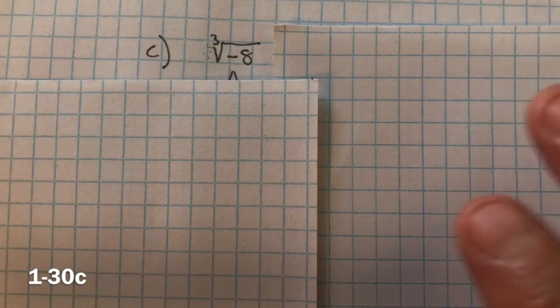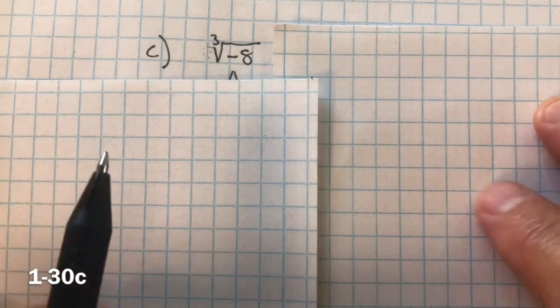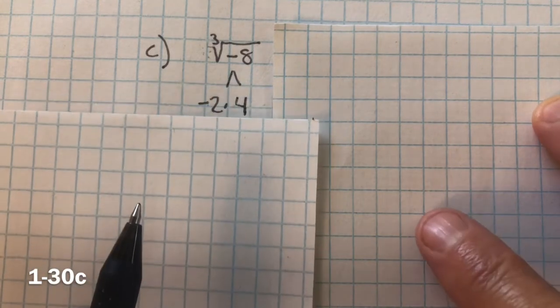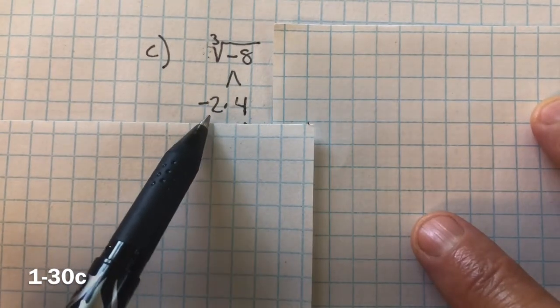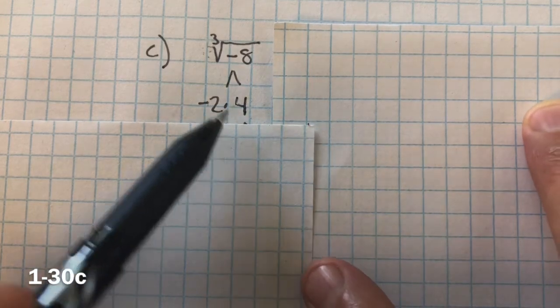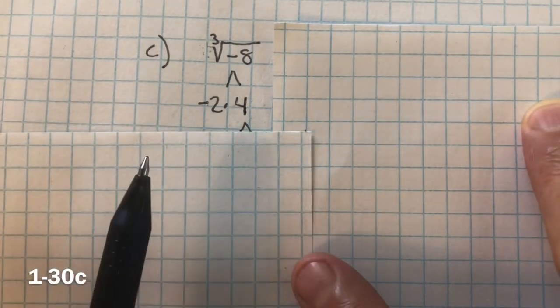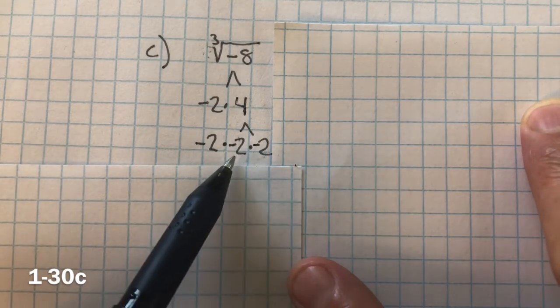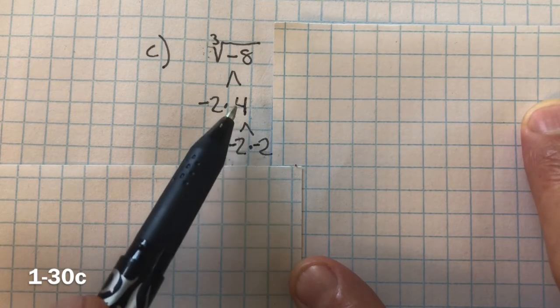Here we have the cube root of -8. Well, what number multiplied by itself 3 times would give us -8? Well, we factor this. -2 multiplied by 4 is -8. And then we factor 4. Well, -2 multiplied by -2 is a +4.